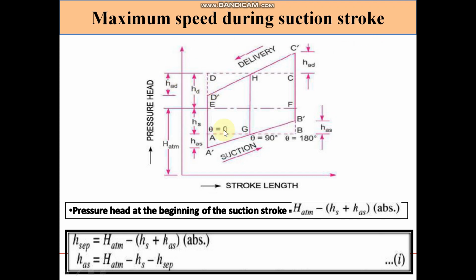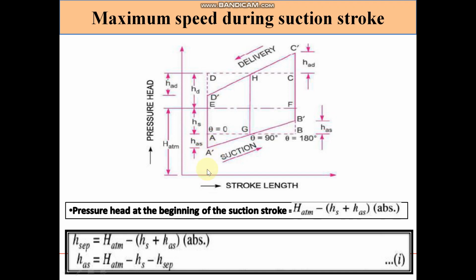So, during suction stroke, which is represented by the continuous line A dash B dash, the pressure head is less at point A dash, where chances of cavitation may occur.